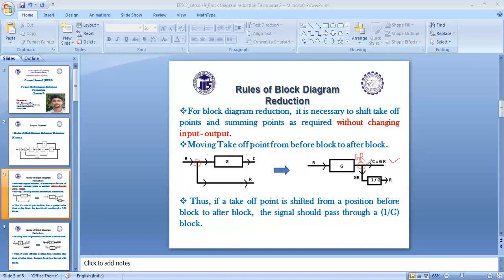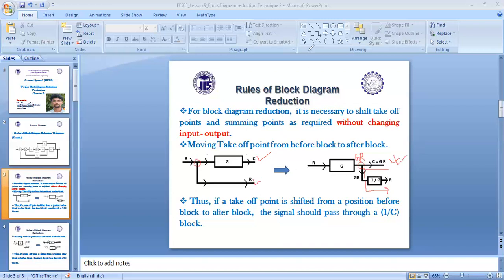But as the takeoff point is shifted here, from this takeoff point one signal will be this one, another signal will be coming out towards this one. Now, one output is C, that is equal to GR. This is fine. But another output should be R.